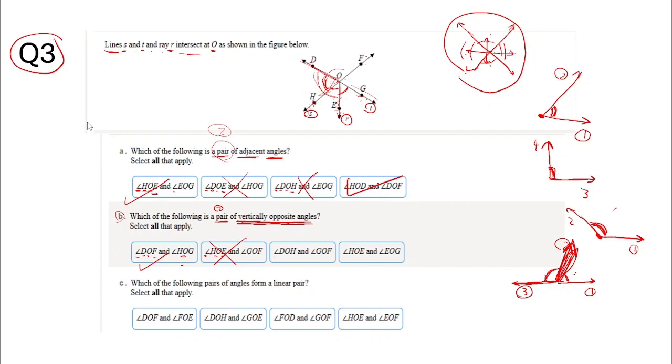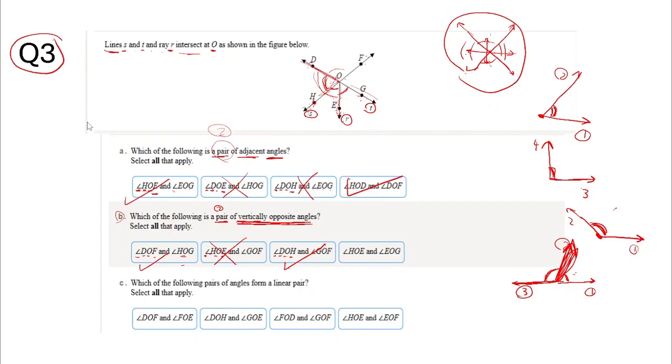Okay. Angle DOH. What is the opposite angle for DOH? FOG. Right.